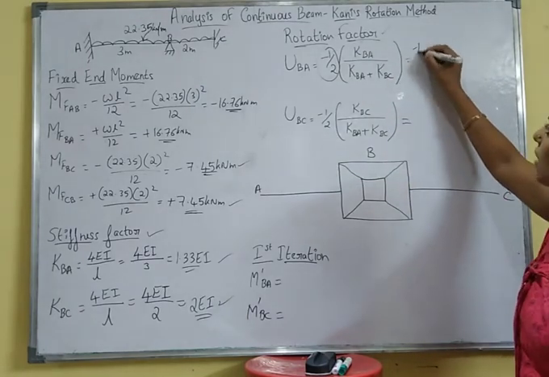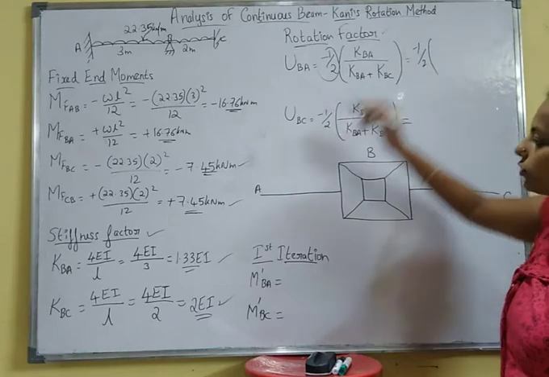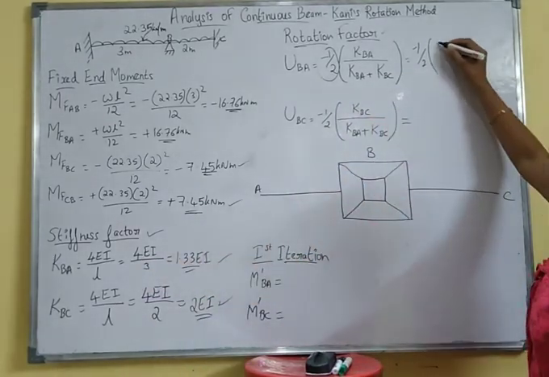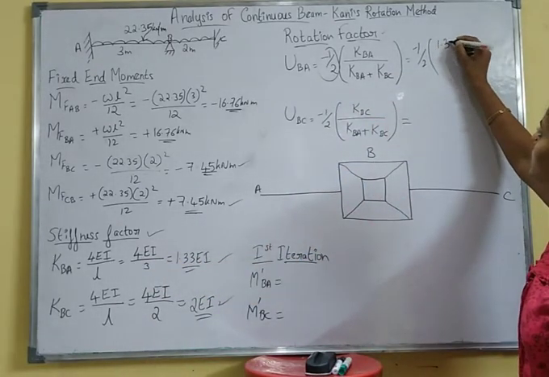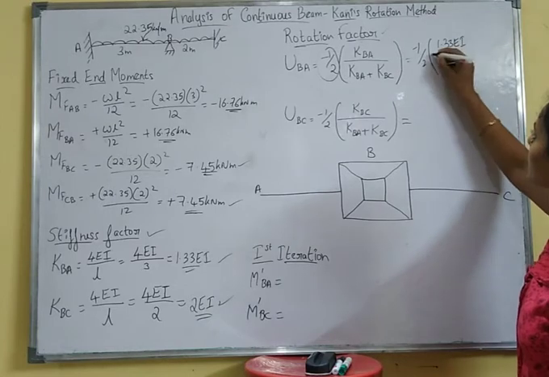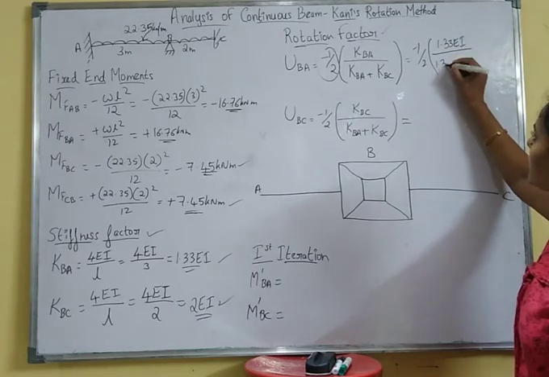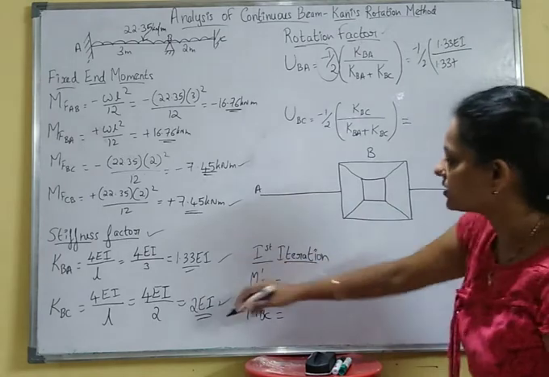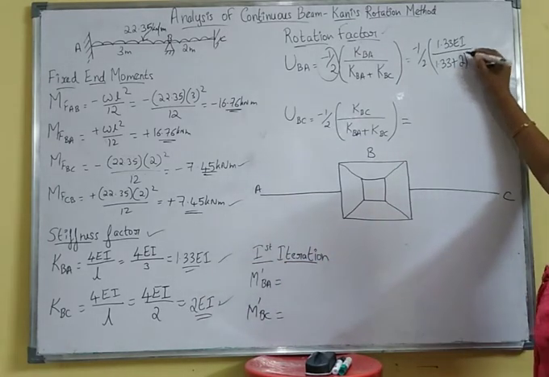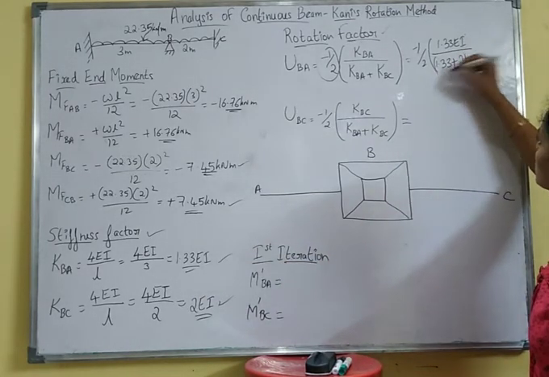So minus half into KBA. KBA is 1.33 EI divided by 1.33 EI plus KBC, which is 2 EI. EI is common, so I take it out.